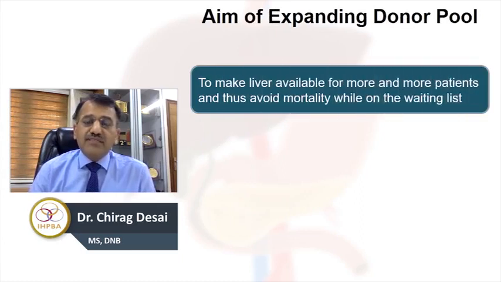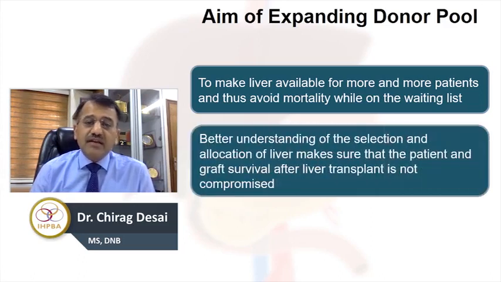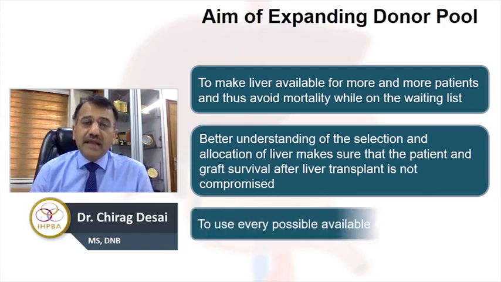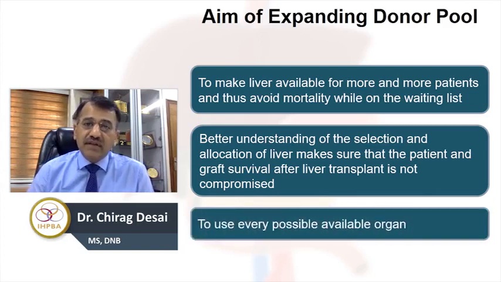The aim of expanding the liver pool is to make liver available for more and more patients, and thus avoid mortality on the waiting list. Better understanding of the selection and allocation of liver makes sure that patient and graft survival is better, and the aim is to use every possible available organ.